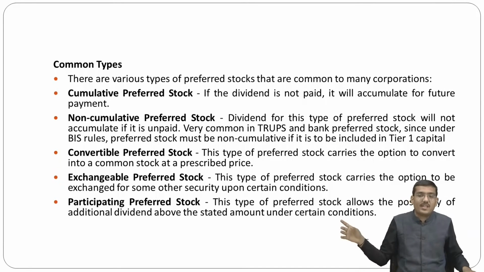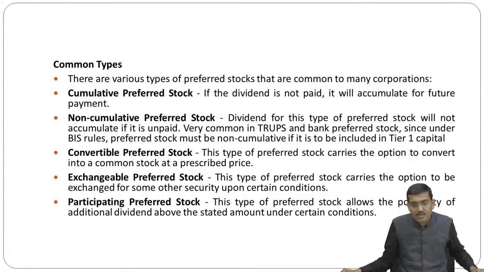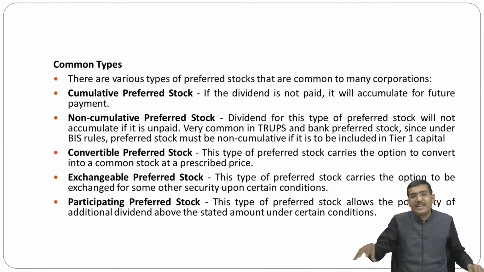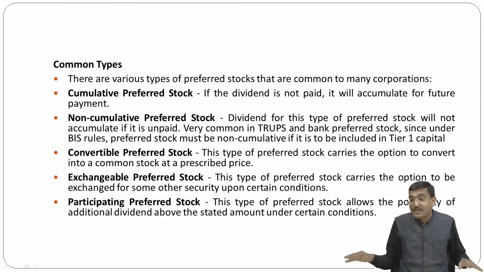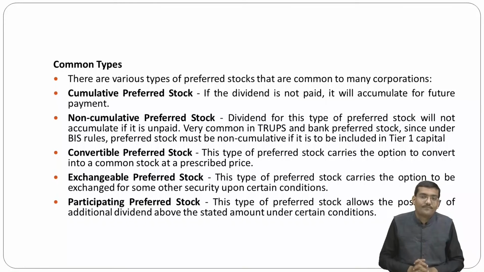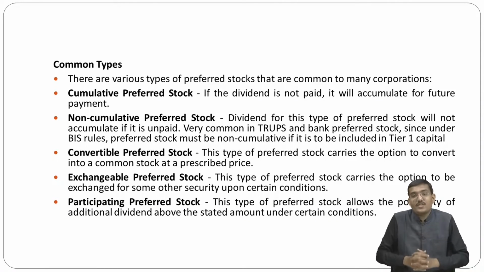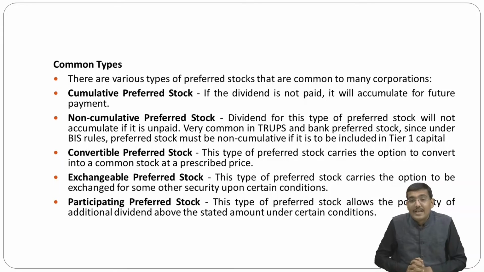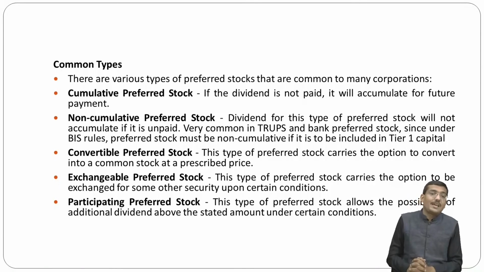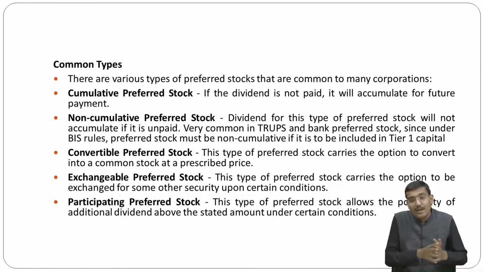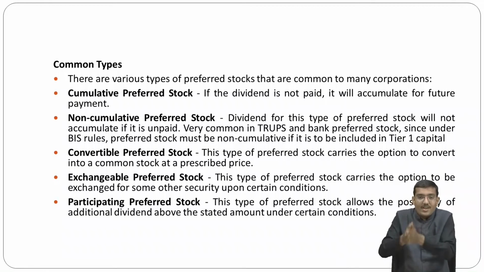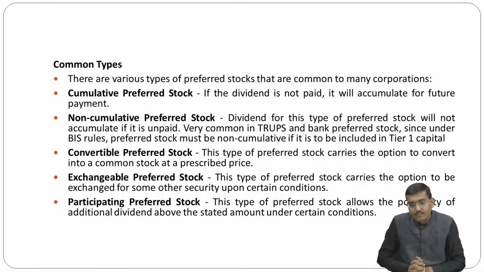Then, my dear friends, convertible preferred stock carries the option to convert into common stock at a prescribed price. Exchangeable preferred stock carries the option to be exchanged for some other securities upon certain conditions.